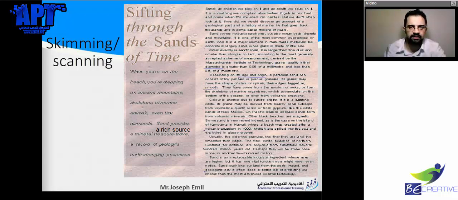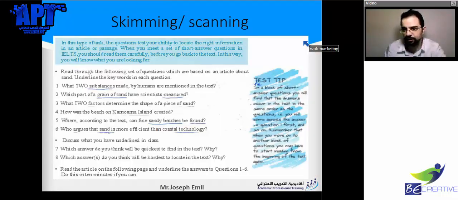So, sand. Let's take a look first at the questions. What two substances made by humans are mentioned in the text? So we're looking for something artificial. Which part of a grain of sand have scientists measured? So we're looking for the measurement of a certain aspect or part. What two factors?